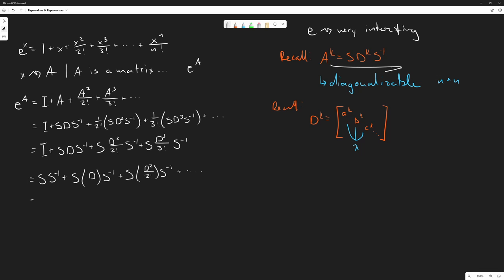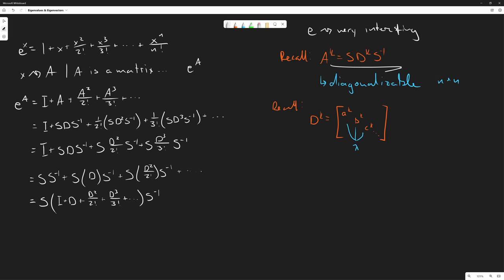And so we can factor out the S. This would be S times our identity matrix plus D plus D squared over 2 factorial plus D cubed over 3 factorial, dot dot dot, times S inverse.